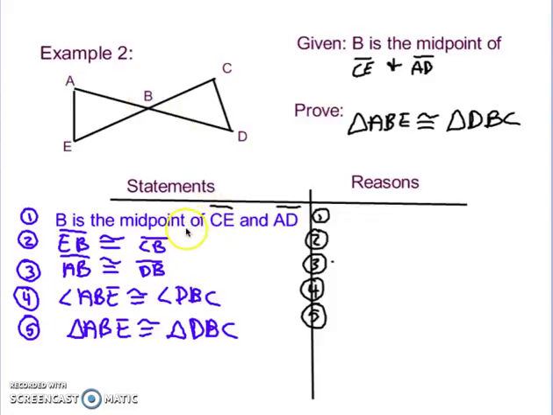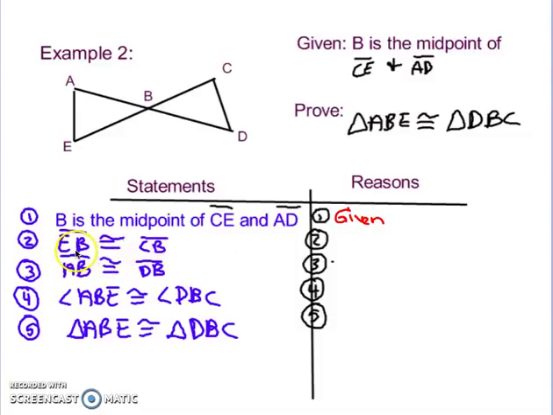So in our statements, we can see that B is the midpoint of segment CE and segment AD. So for our reason here for this one, we can just state that that was given because they told us that up here.